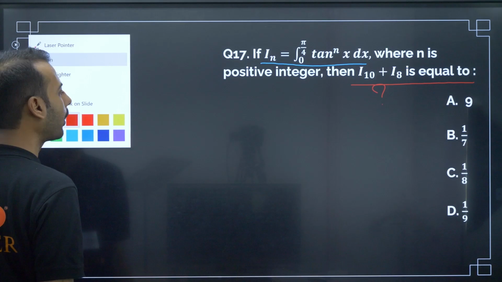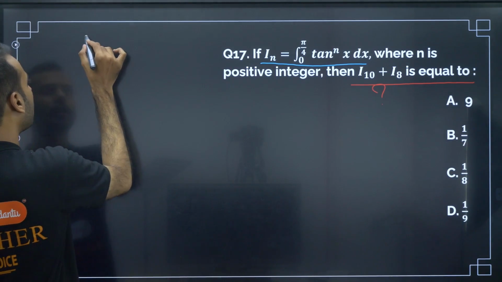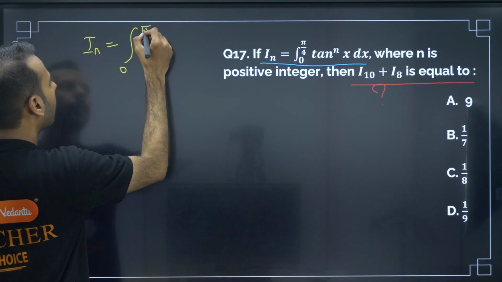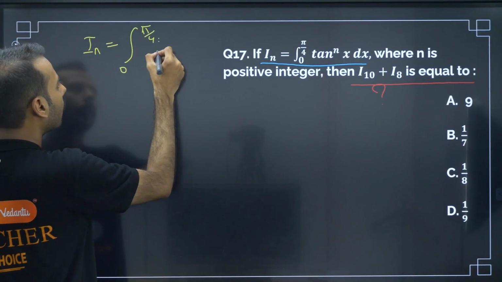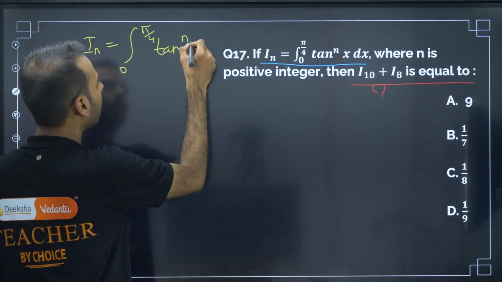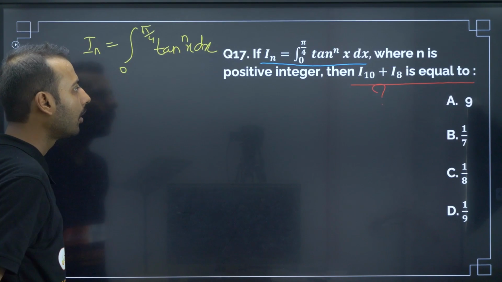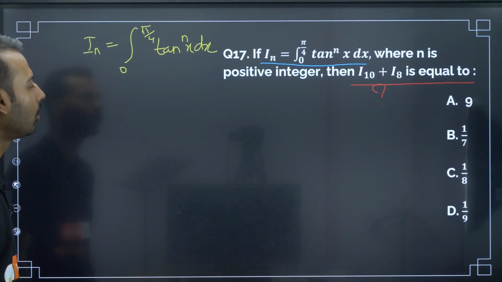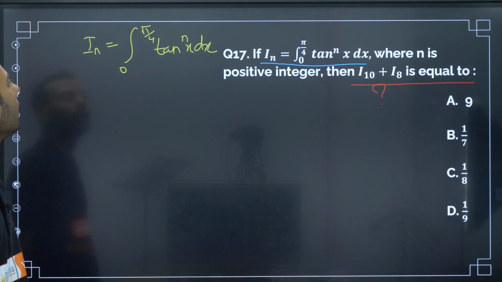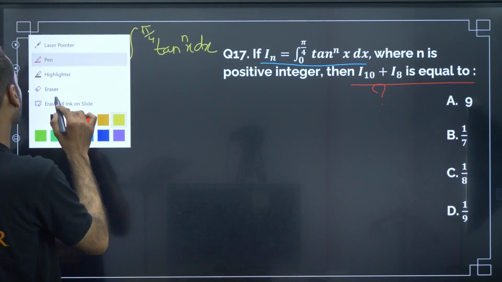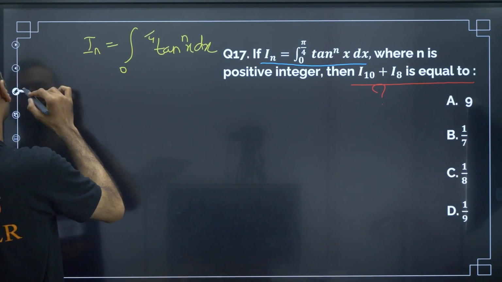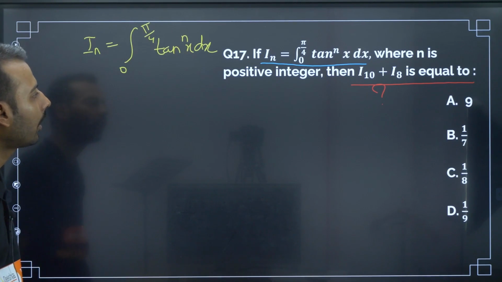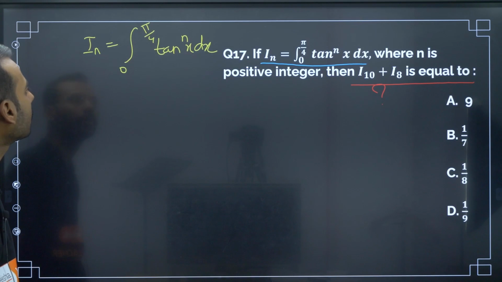In is equal to the integral from 0 to pi by 4 of tan n x dx, where n is a positive integer. Then I10 plus I8 is what they are asking to find.